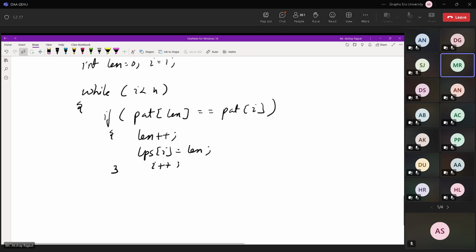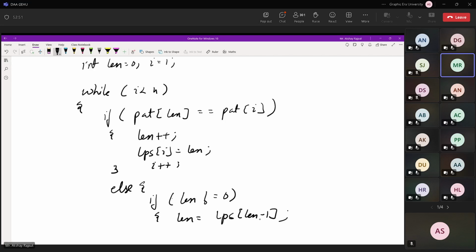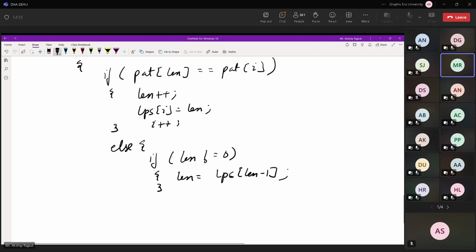Okay. Else, if this is not equal, then we check if len is not equal to 0. If len is not equal to 0, then len equals LPS of len minus 1. And we are not going to change I here. Beware of this, that we are not changing I here because we have to match it with something else.